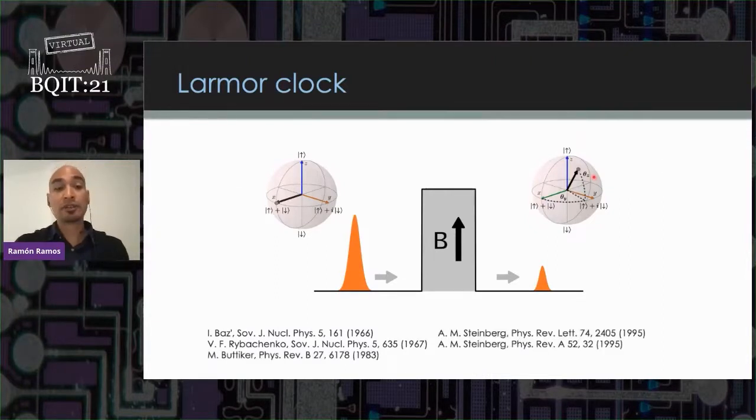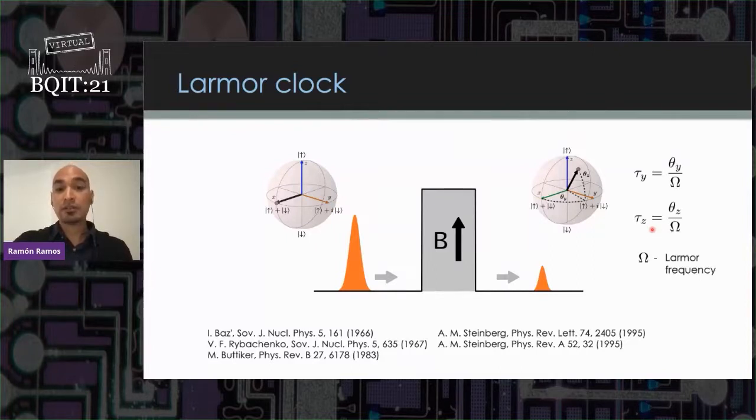It was later recognized that this is not the full story. Besides this precession angle theta y, there is another rotation angle along the z-axis. This rotation angle is essentially the back action of the measurement we're performing. It comes from introducing the magnetic field inside the barrier region, which means the spin up and the spin down will have slightly different tunneling probabilities.